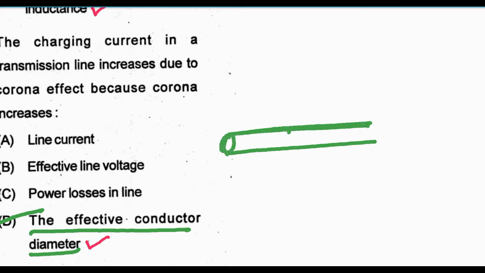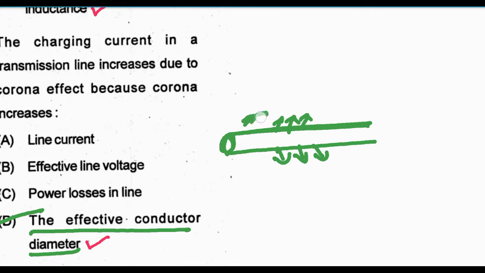When corona occurs, corona means discharging of the electric power to the environment in the form of ionization of the environmental air. That means when high voltage is fed to the transmission line, it will ionize the nearby air, and it will form ions nearby the conductors.